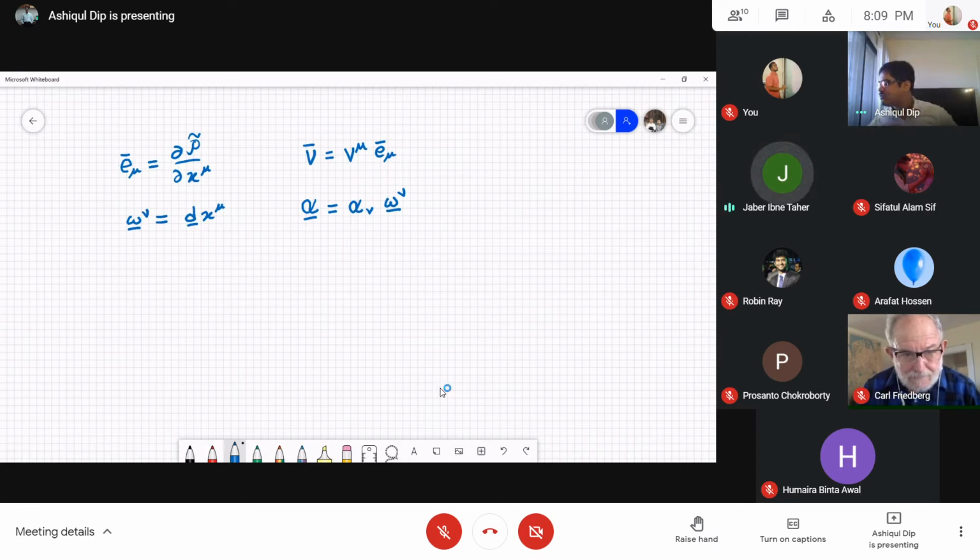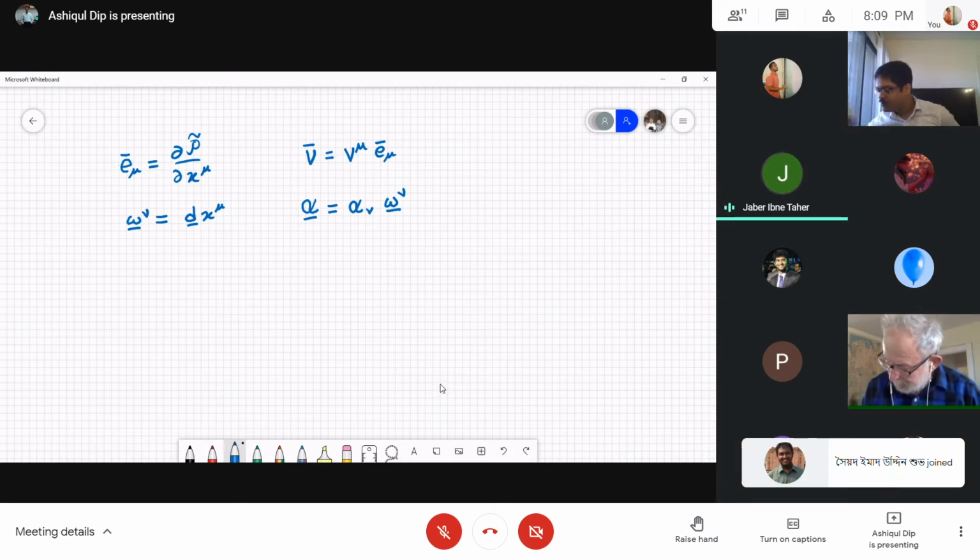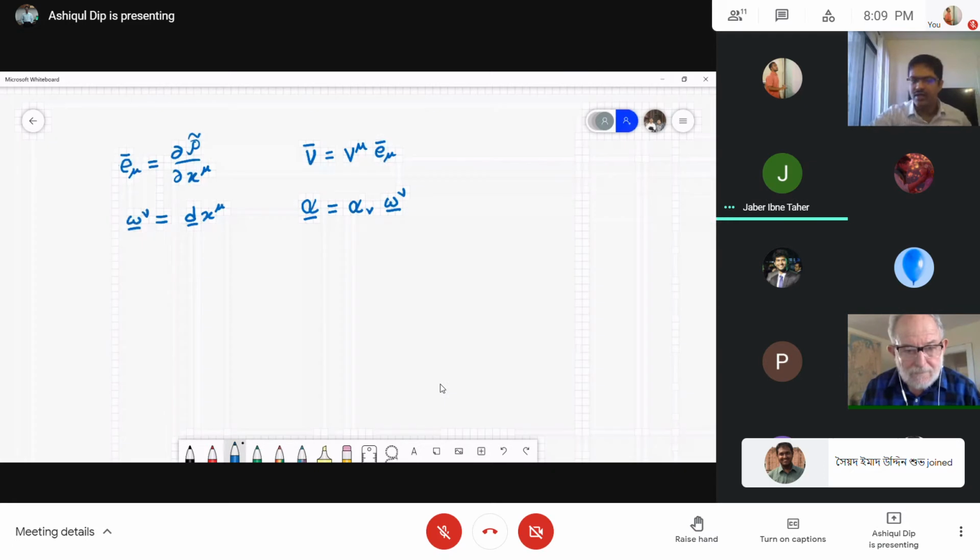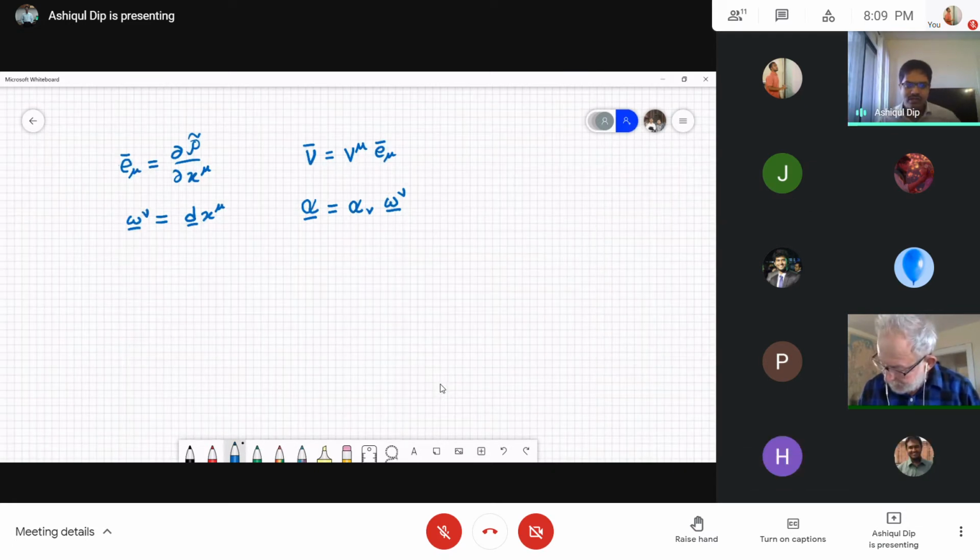So basically, a one form is a dual vector. It lives on the dual space instead of on the tangent space like vectors. Yes, we explored that last time, right? Okay. What else did we learn last time?